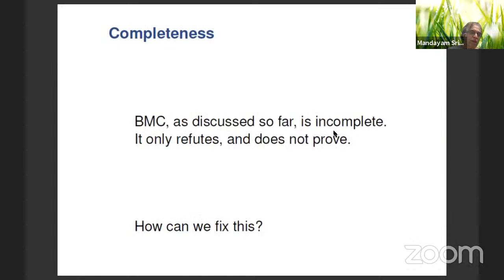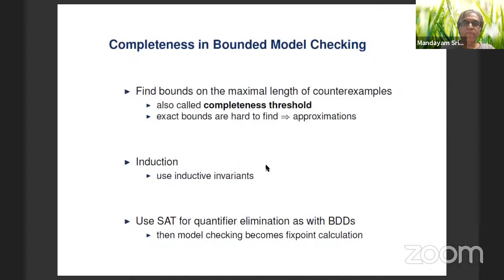Now I will discuss the issue of completeness. BMC, as we have discussed so far, is incomplete. It only refutes, does not prove. So what are some ways to fix this? Of course, the third bullet is something that I've already shown.